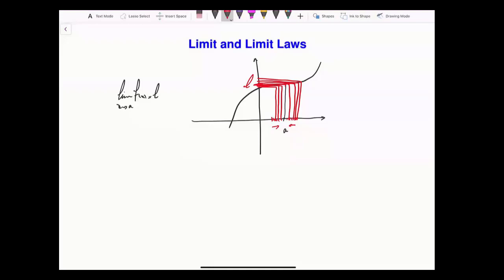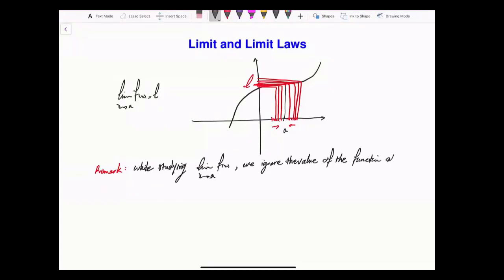What is important here is to remark that when you're working with a limit, we always ignore the value of the function at that point. So while studying the limit of a function as x approaches a, we ignore, this is the strongest word I can put here, the value of the function at a.